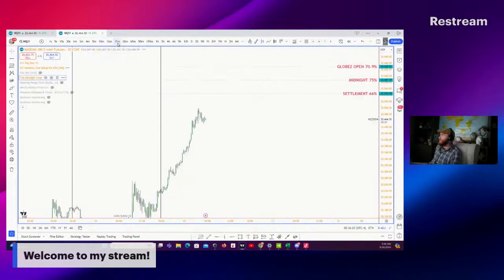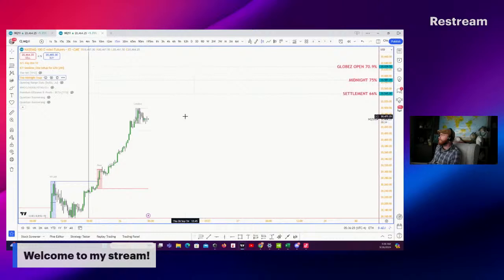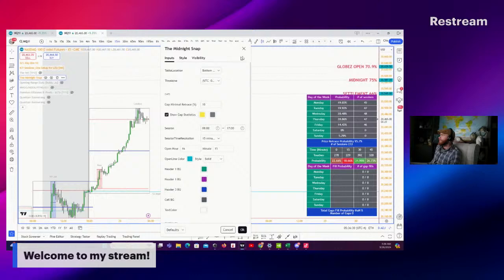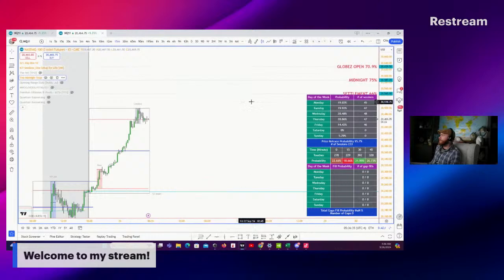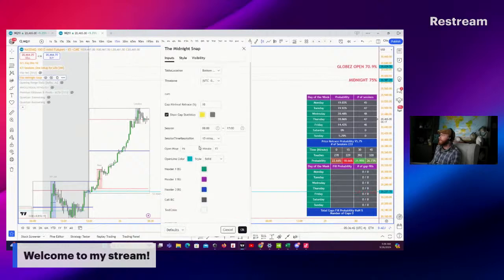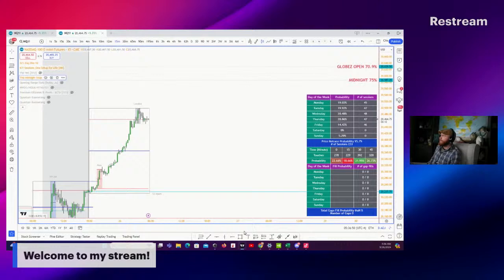15 minute, I should be on the 15 minute. Show one New York time, 1615. Cool. Let's plant settlement. 1800. Should be right around settlement.